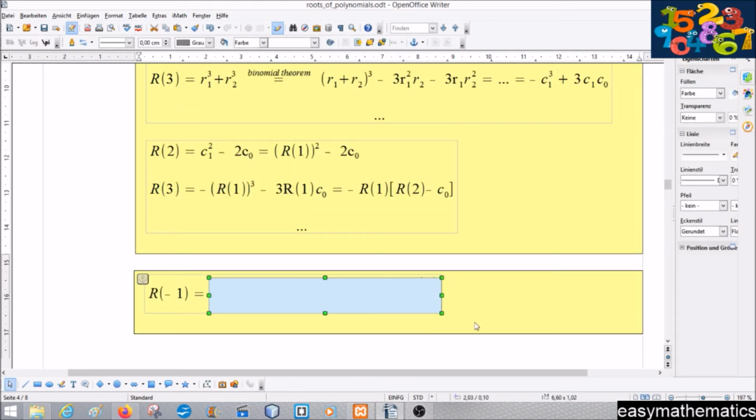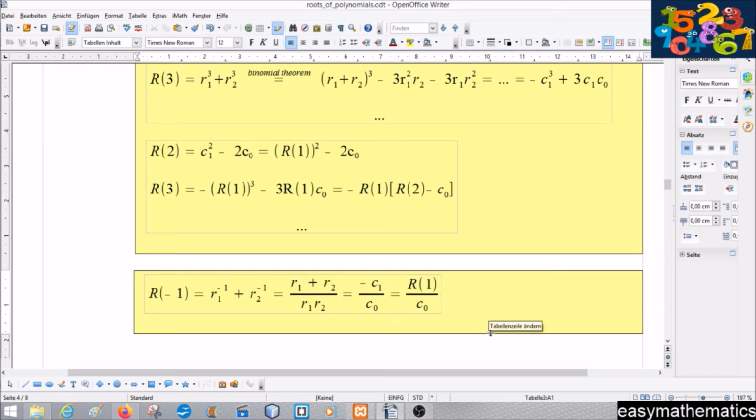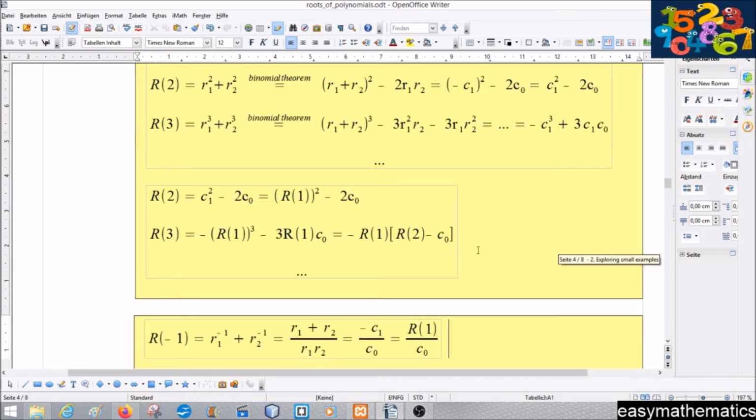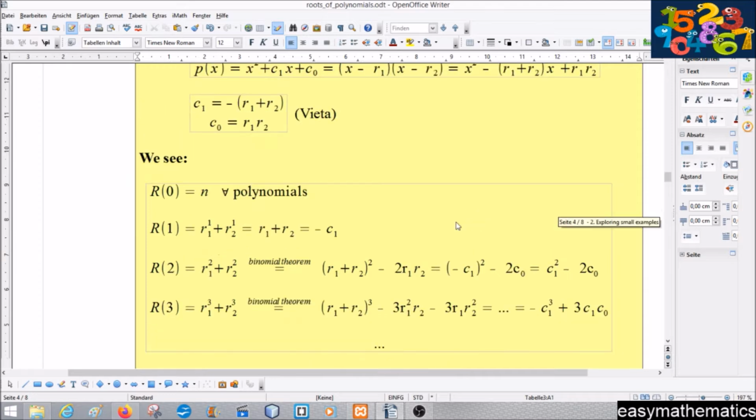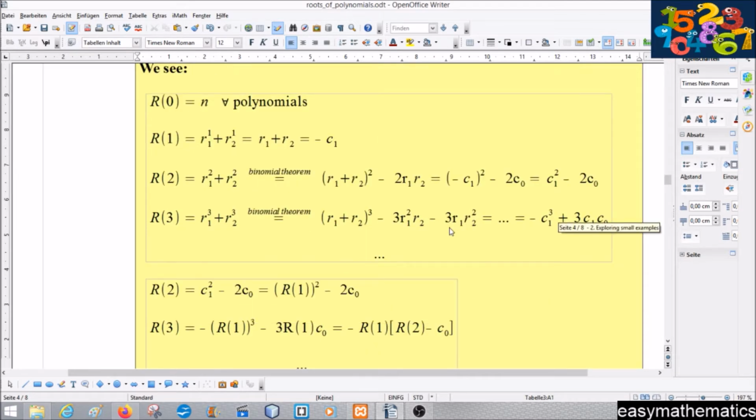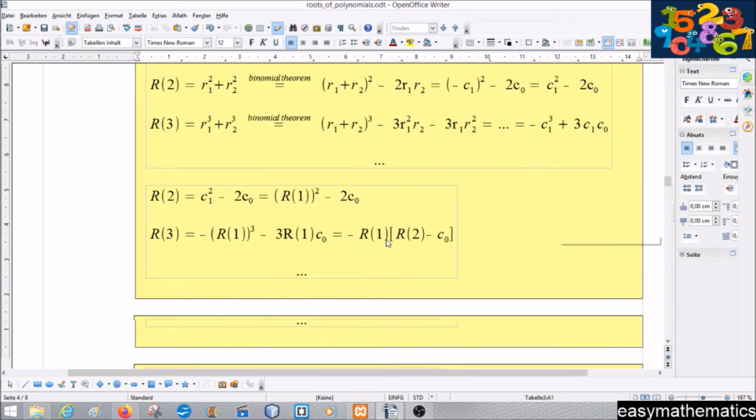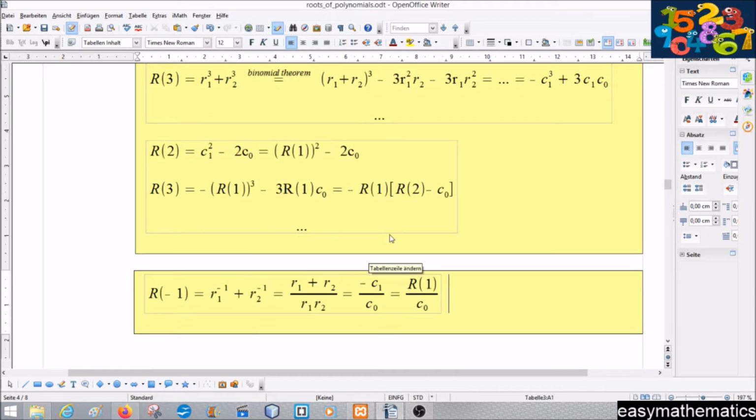Interesting is maybe the sum of the reciprocals. We find in this case minus c1 over c0, for example. We can play around with this stuff, maybe take a cubic polynomial and try to find some patterns.